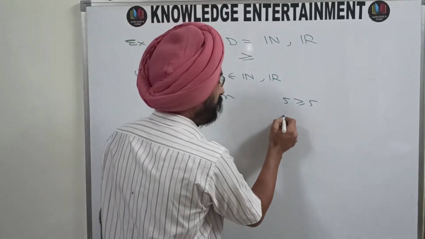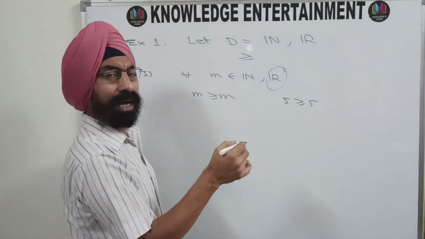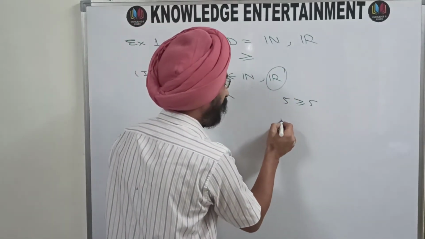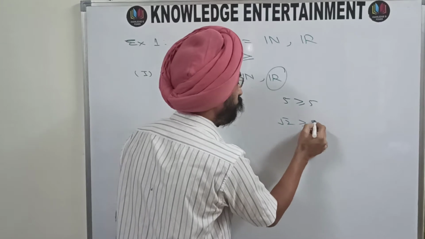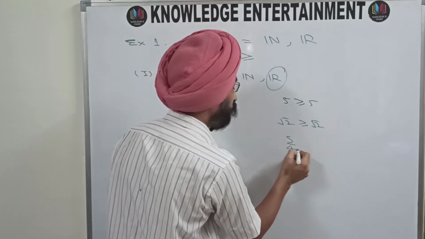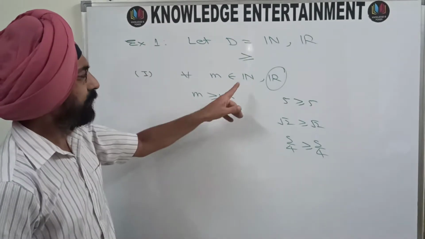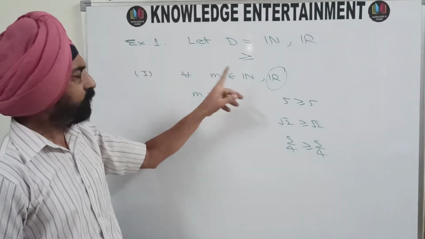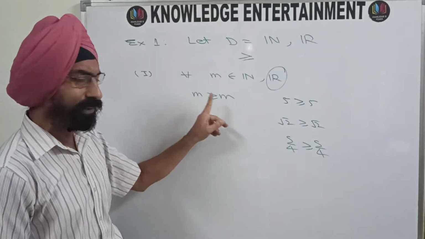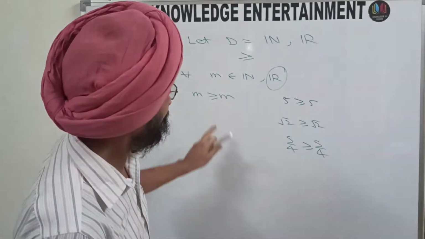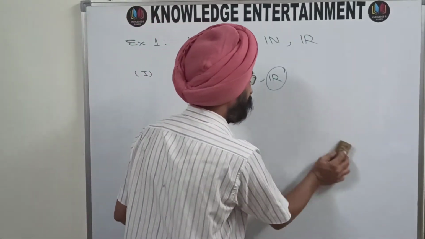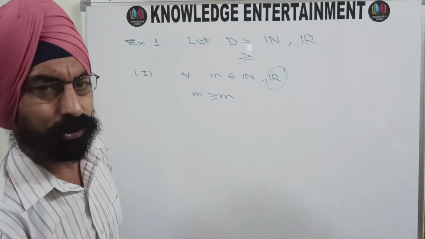Or if you are talking about R, then you can say square root of 2 is greater than or equal to square root of 2. You can say 5/4 is greater than or equal to 5/4. So for every m belonging to N or for every m belonging to R, m is greater than or equal to m when this symbol is used in its usual sense.